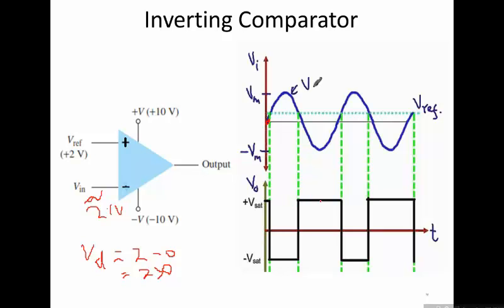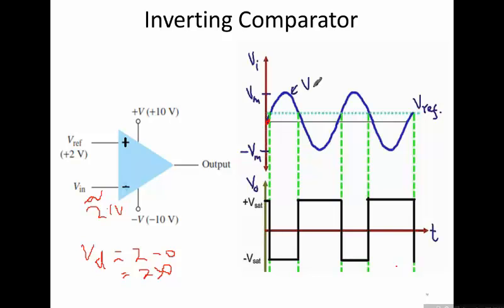So this is the output during this interval. And from this point to this point, again the voltage of the negative terminal or inverting terminal is higher than the non-inverting terminal, so the output goes to negative saturation level, and so on.